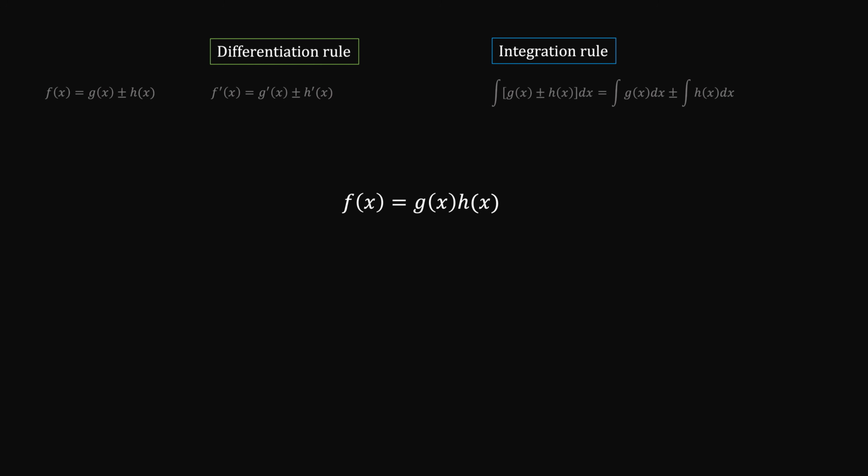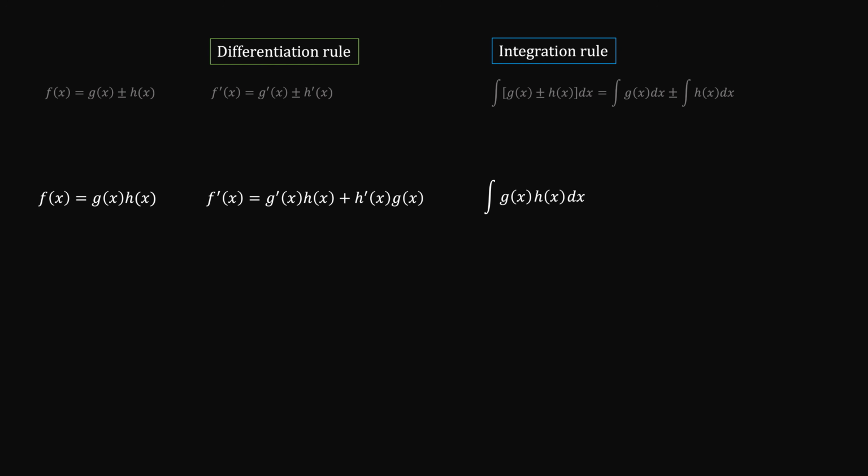Then the product rule for differentiation. If you multiply two functions, then the derivative is a mixed product sum. Now, what if you integrate a function made up of a product of two functions?